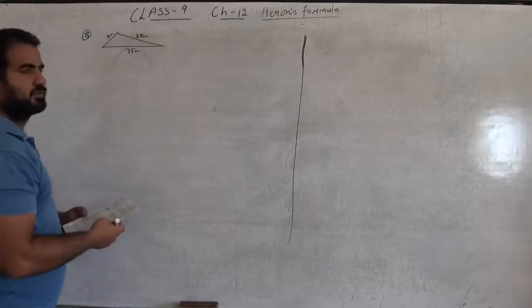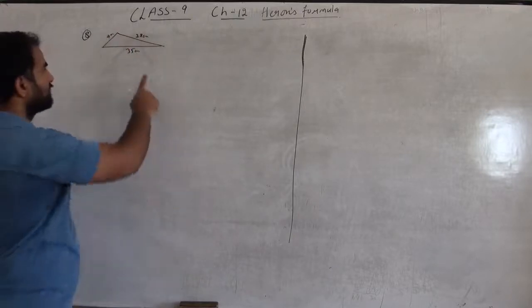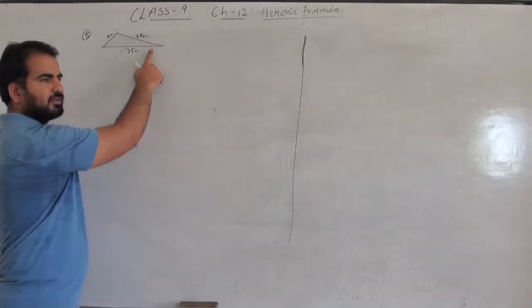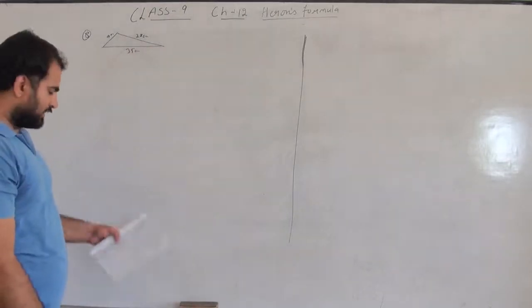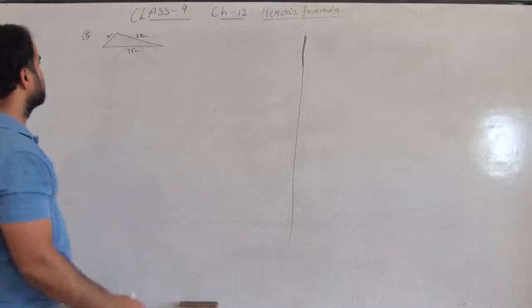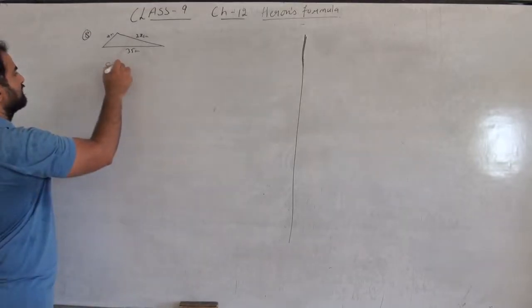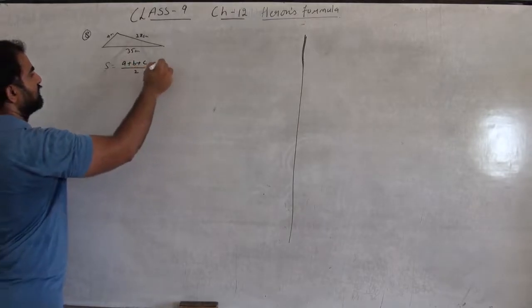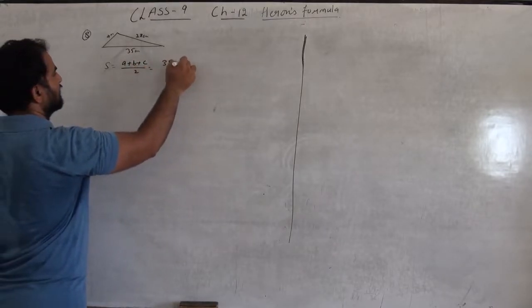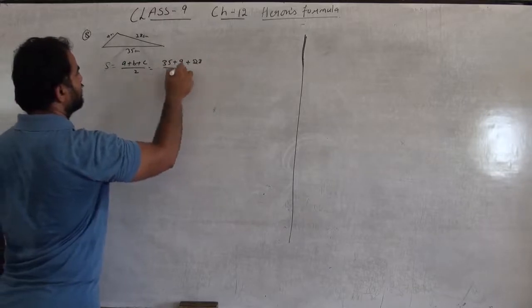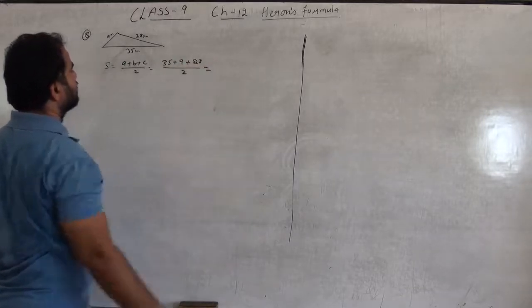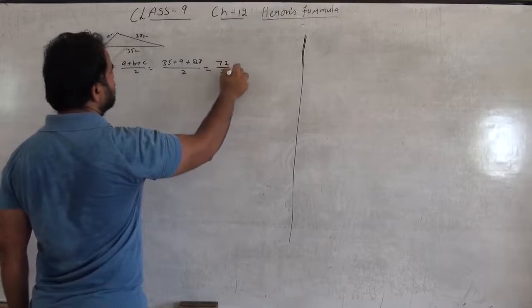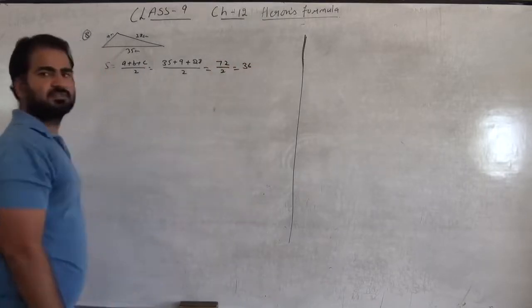Okay, so first of all we have to find area of one tile, then we will multiply it by 16 and then multiply it by cost. So S equals A plus B plus C upon 2. So 35 plus 9 plus 28 upon 2. 72 by 2 equals 36.